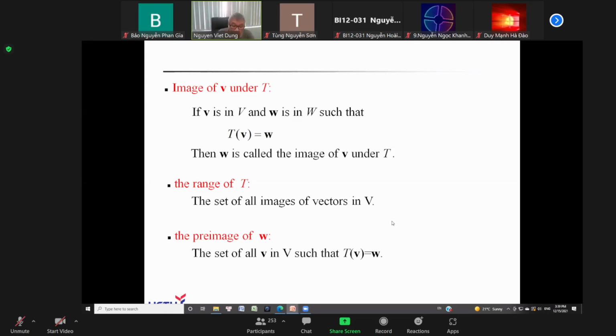So you can imagine that one vector inside W can have many different vectors inside V which are sent to w. So then the pre-image of one vector in W can have many elements.